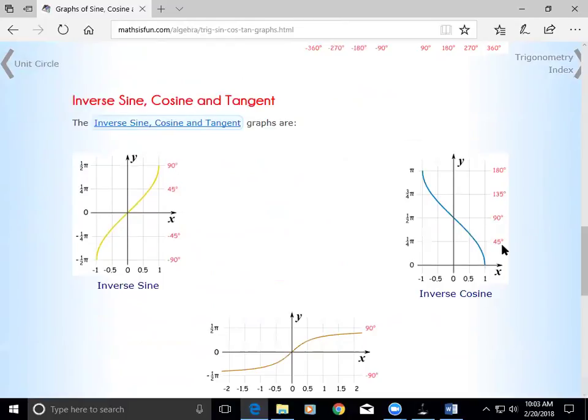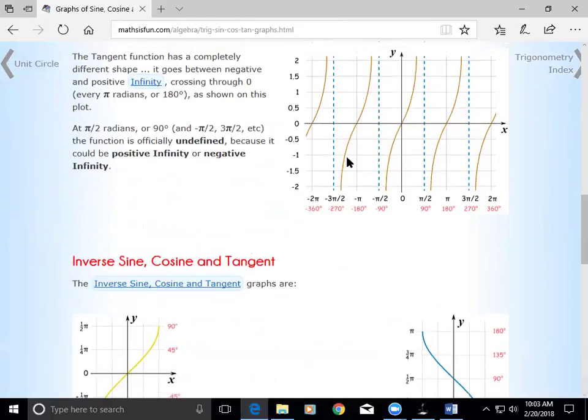Same thing with cosine. The only change is in order to get all these values to come out, we're not in quadrants 1 and 4 like we were in sine. We're in which quadrants? 1 and 2, going from 0 to pi. And in tangent, think about it this way. Whenever I turn this, I still have this same basic shape, but now these series of lines are going this way.